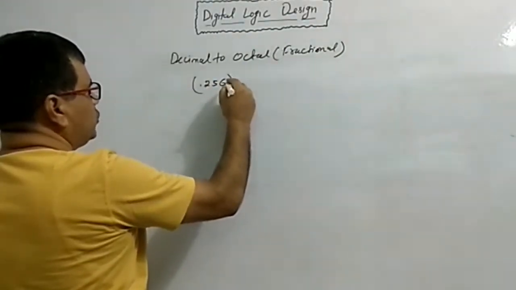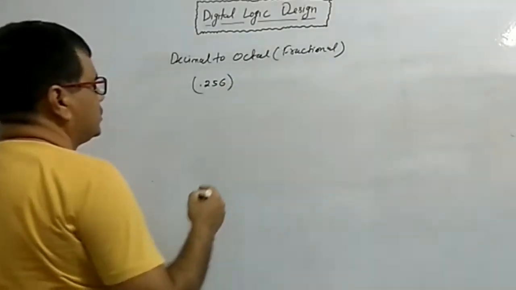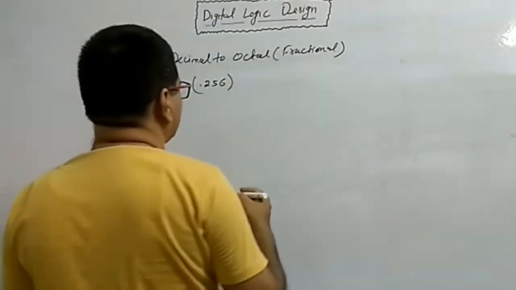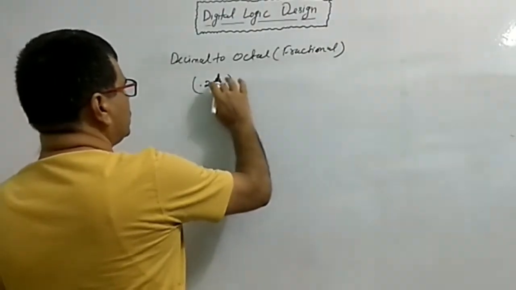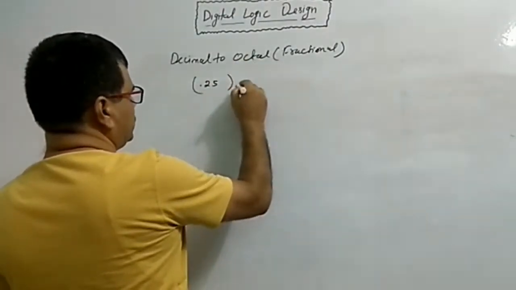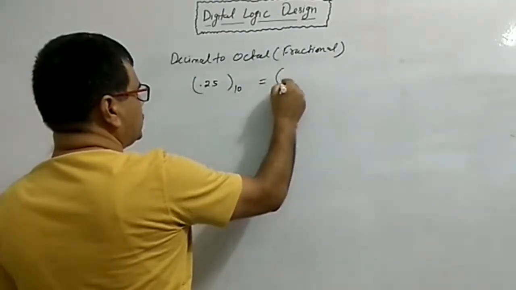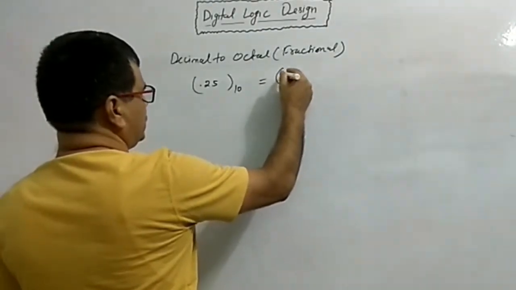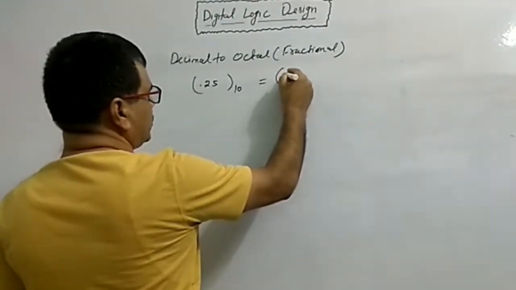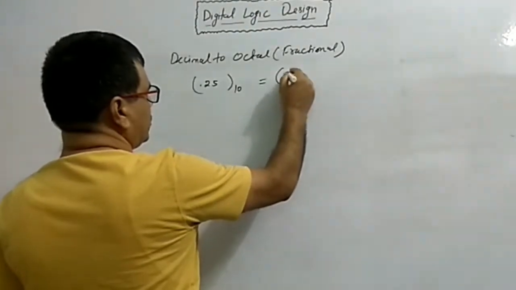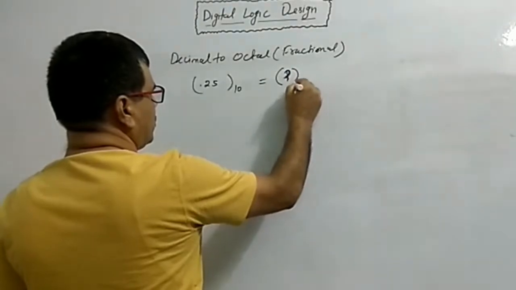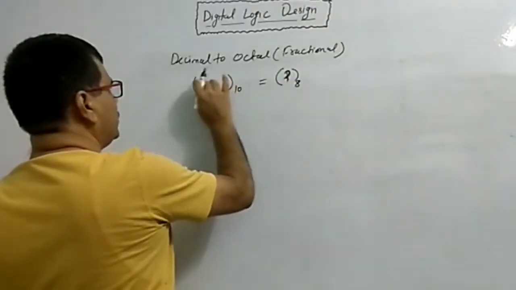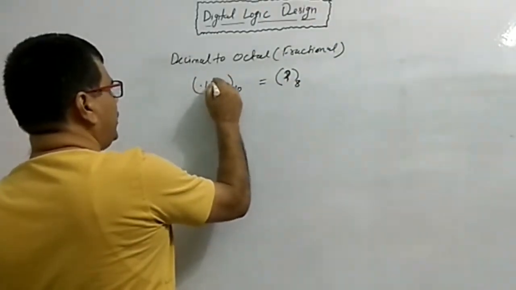We just want to convert decimal into octal. You can take 0.125.